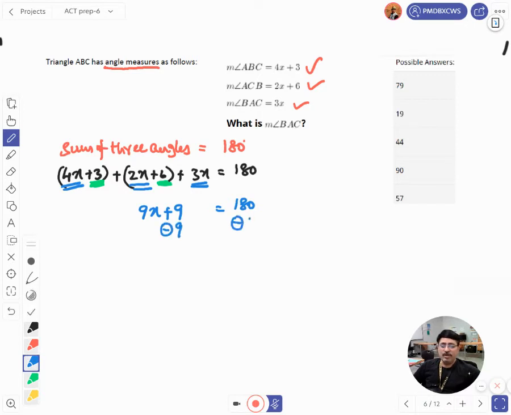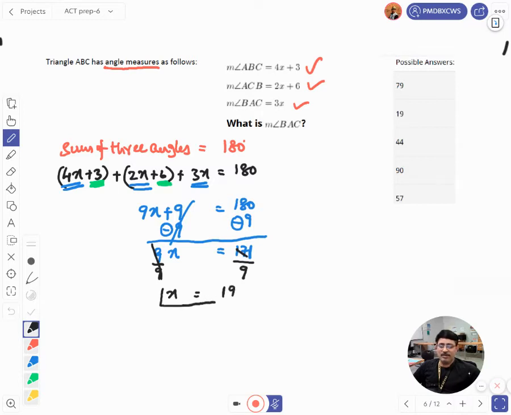Let me take away 9, so I get 171. 9x equals 171. We go for the inverse operation, so x equals 171 divided by 9. 9 times 19 is 171. So the value of x is 19.